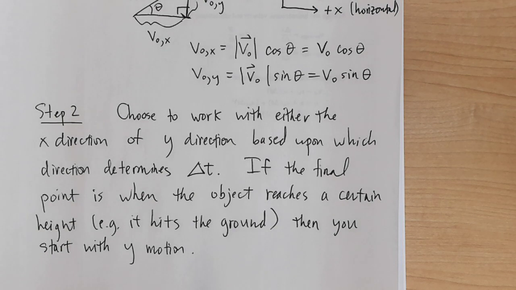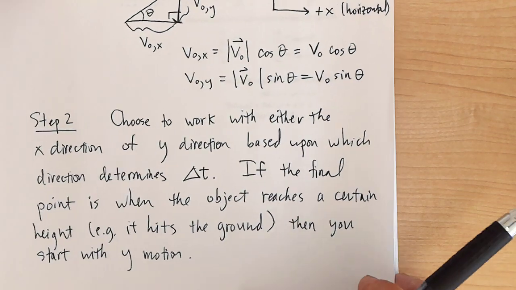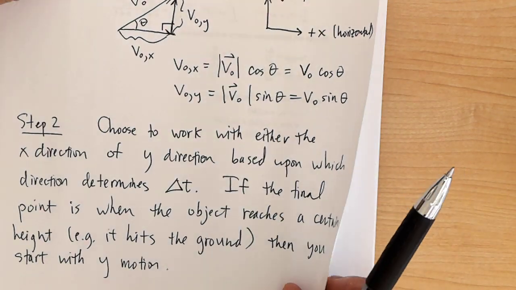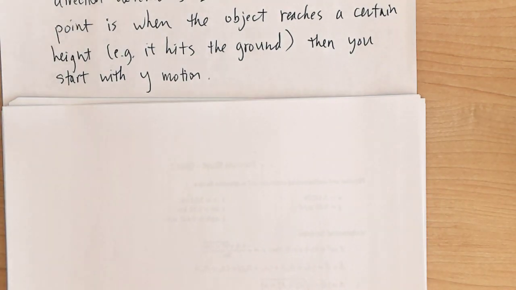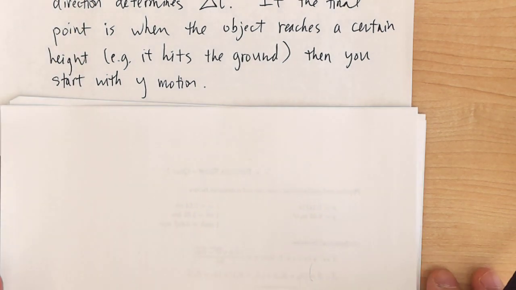The x direction really does not affect how high it will go up or go down. It's completely independent. I have to admit, many of the problems are like this. The stopping time is when it hits the ground or when it hits the top, something like that.